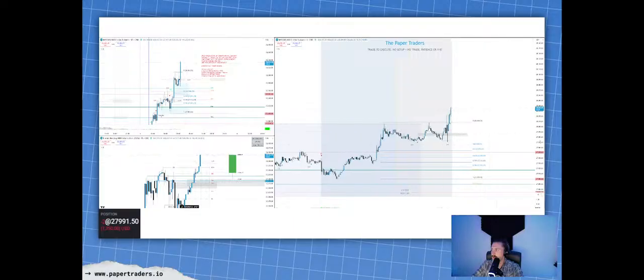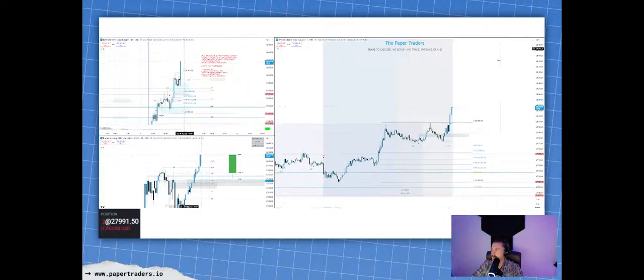Nothing on the 1 minute yet either for shorts. Looks like it's just continued strength on the upside. Let's see here. Yep. Continuation.